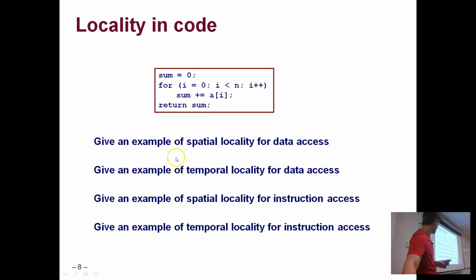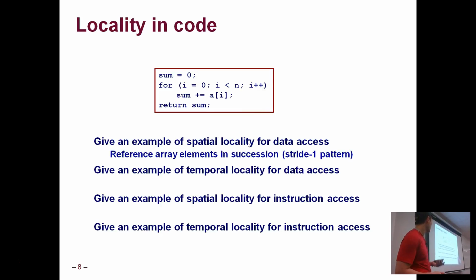So what I first want, given this code, give me an example of spatial locality for data access. Just shout it out. It's just the array itself, right? Because you are sequencing through A of 0, then 1, then 2, then 3, that's spatial locality for data access.